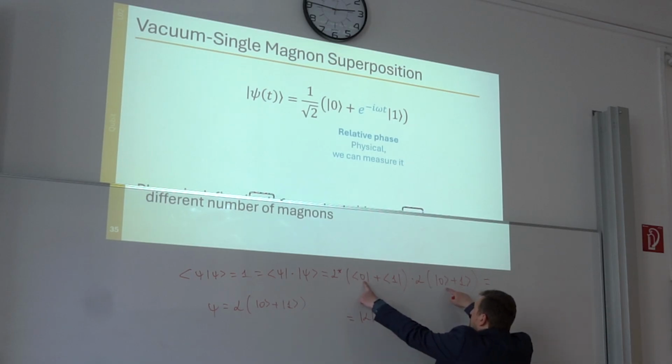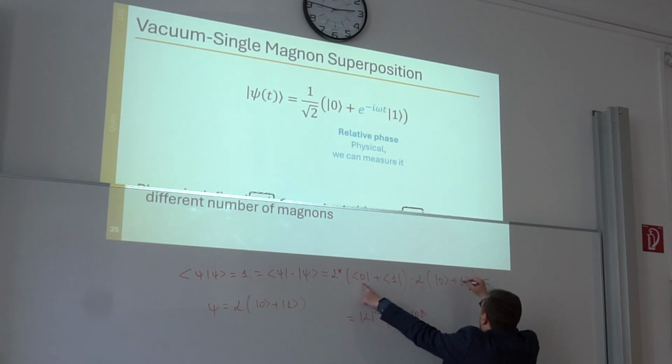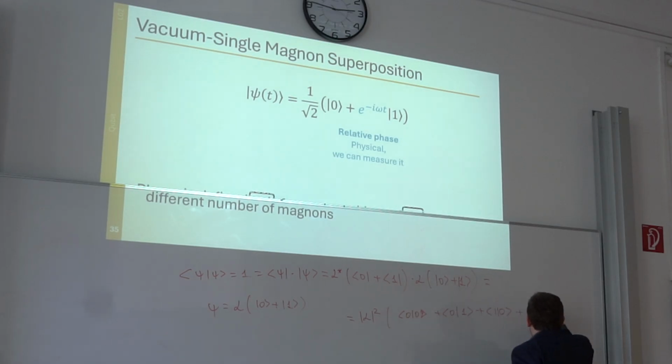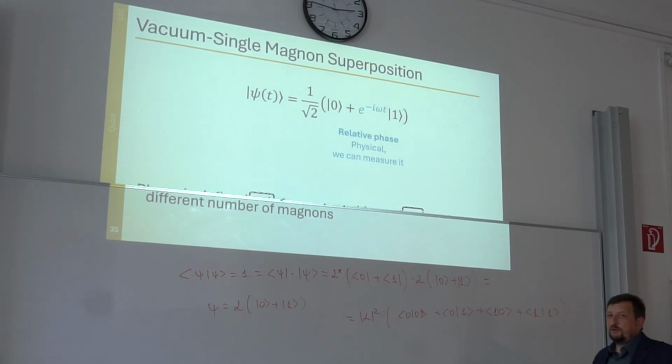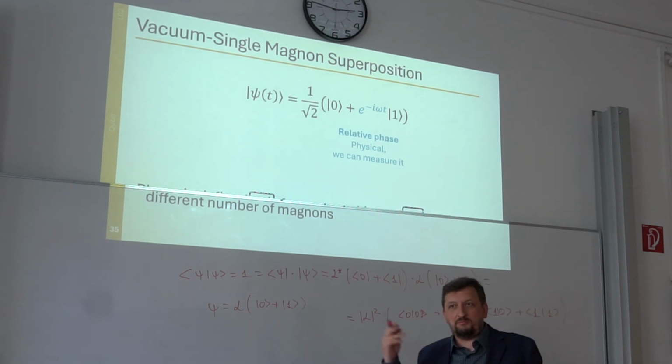So here I have <0|0>, <0|1>, here is <1|0> plus <1|1>. Like this, 4 terms.